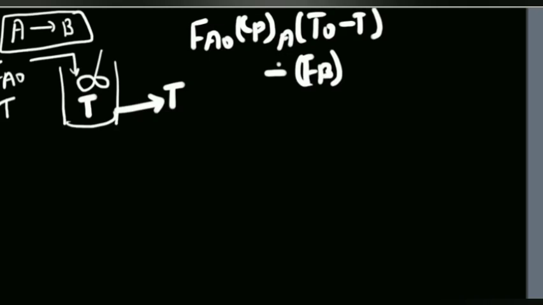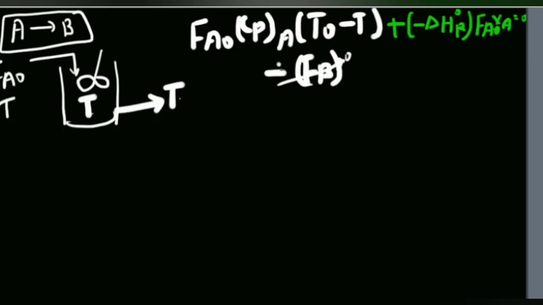If the product is coming out from the reactor at the same temperature T, then it becomes T minus T, which equals 0. So you don't write these things. Plus minus delta H naught of R into Fa naught XA, that is equals to 0.